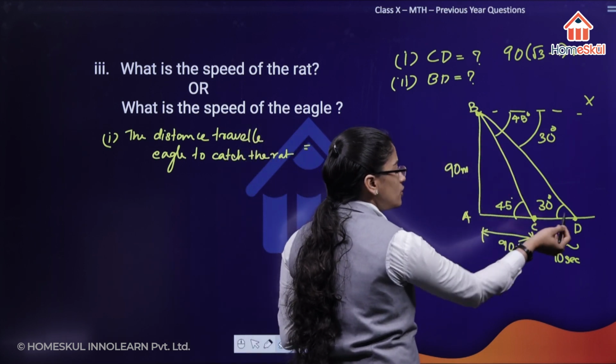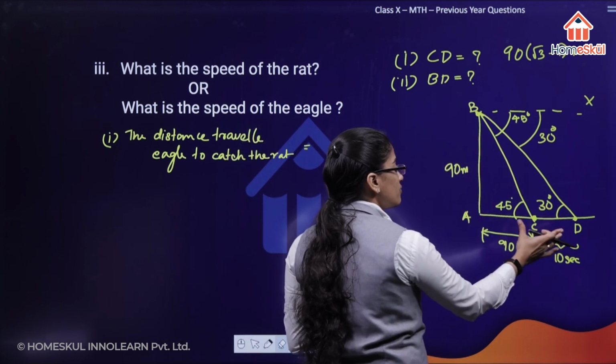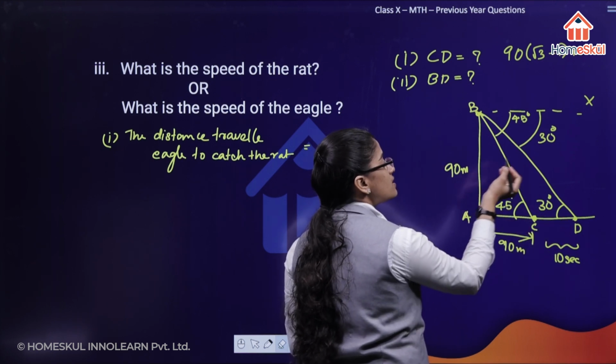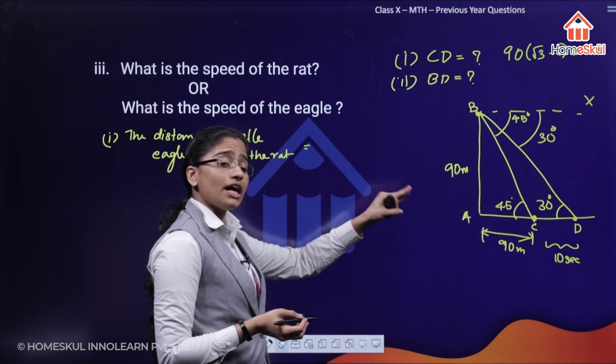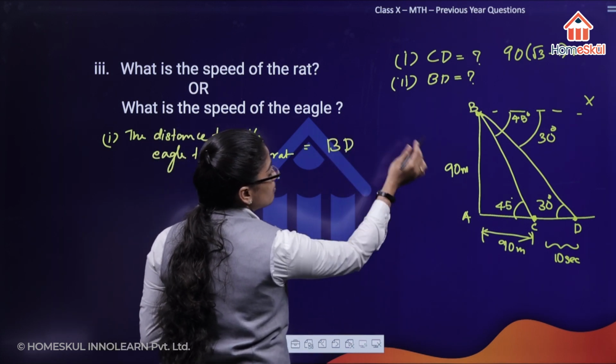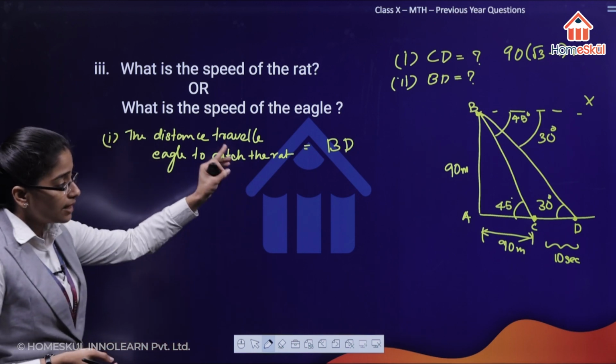Because BD is the hypotenuse, we have the adjacent side as well as the opposite side. So here I am taking the opposite side by hypotenuse ratio. The distance traveled by the eagle to catch the rat is BD.